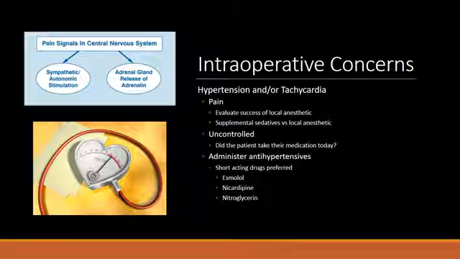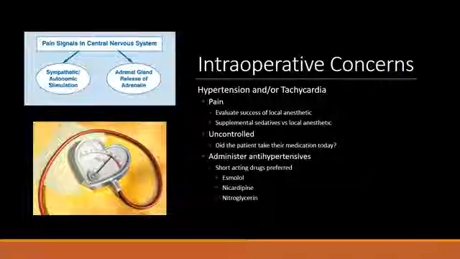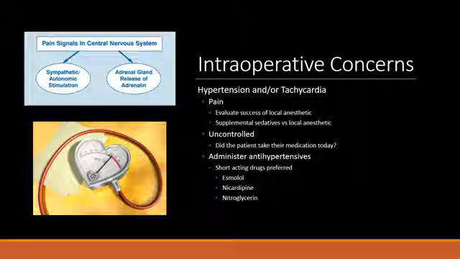So if I ask a patient beforehand and they did not take their antihypertensive medication, and then we hook them up to monitors and they're above 160/100, for example, and I think it's because they didn't take their medications, then one of the things to consider is certainly rescheduling them and driving home the point that you need them to take their medication on a normal schedule.